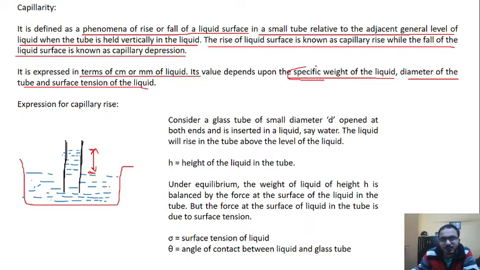So we haven't gone through the definition of specific weight. It is quite straightforward that specific weight is equal to density of fluid divided by density of water.